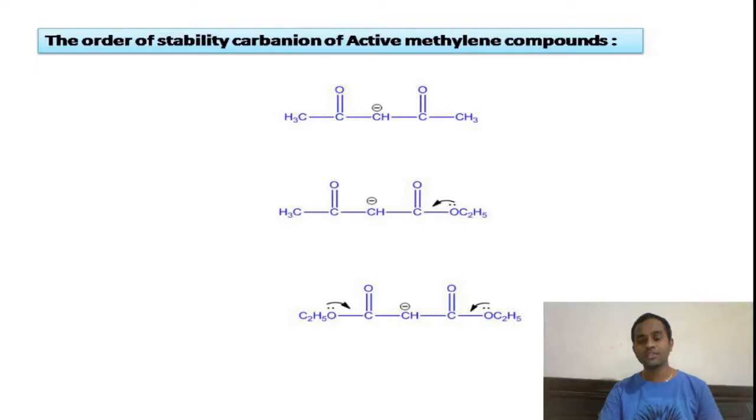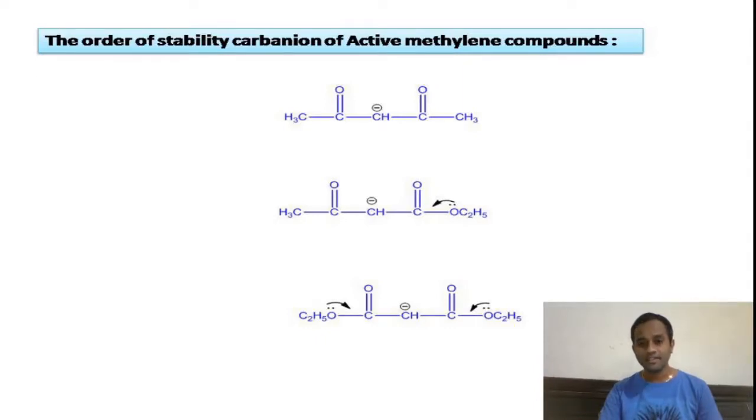In molecules in which charge dispersion takes place, that means if the charge is shared among the groups within the molecule, then that molecule will get stabilized. Here, the negative charge present on the active methylene carbon is involved in resonance with the adjacent withdrawing groups. No doubt in all three, the carbon anion is resonance stabilized, but all three are not equally stabilized.